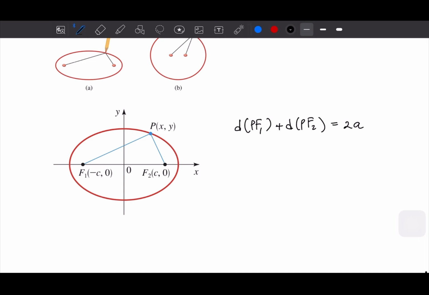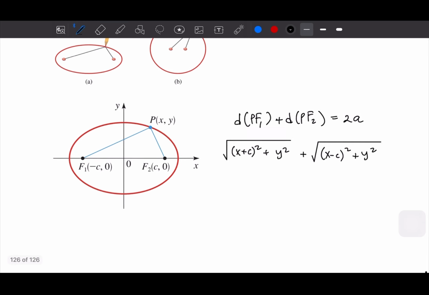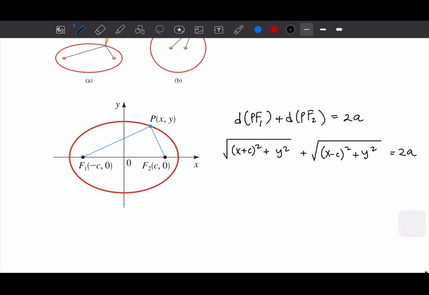So the distance PF1 is the square root of (x plus c) squared plus y squared, and for the second one we are taking (x minus c) squared plus y squared, and then this will be equal to 2a.